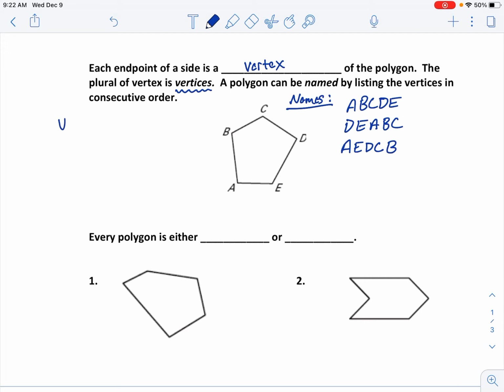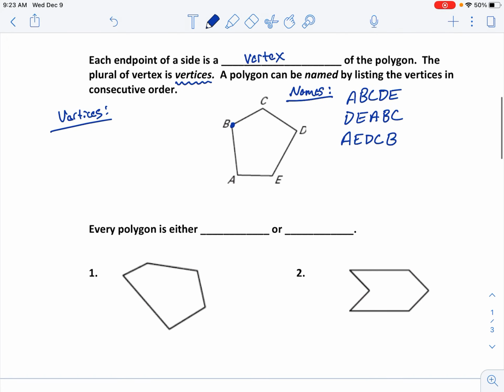As far as the vertices, just making sure we know what the vertices are in a polygon, it's these points here, these corners, if you will, of where they're meeting. So the vertices A, B, C, D, and E. And again, those are what we choose to name our polygon.